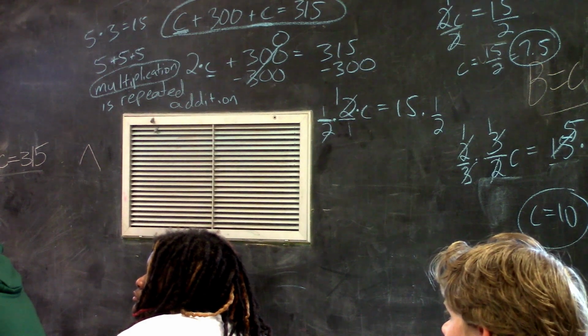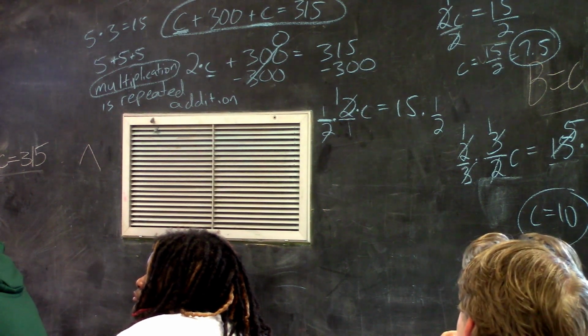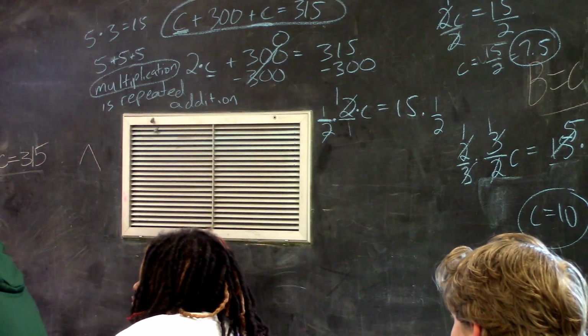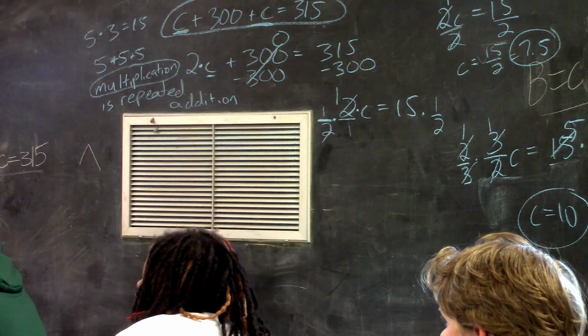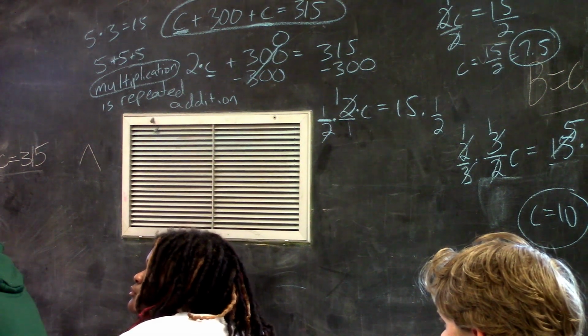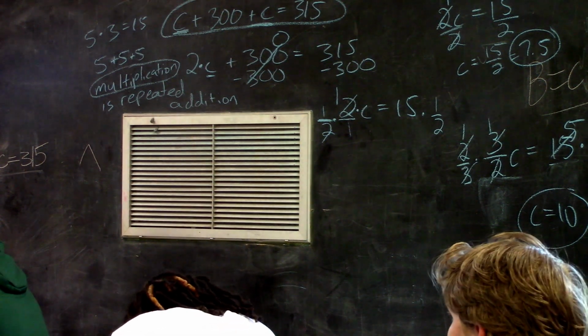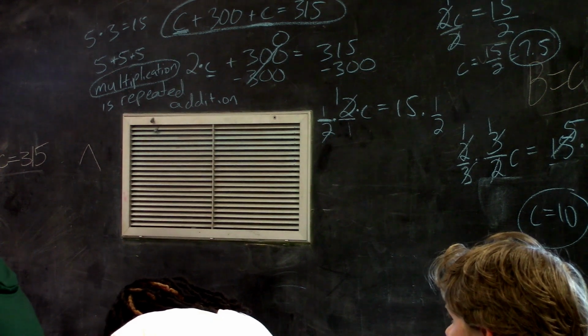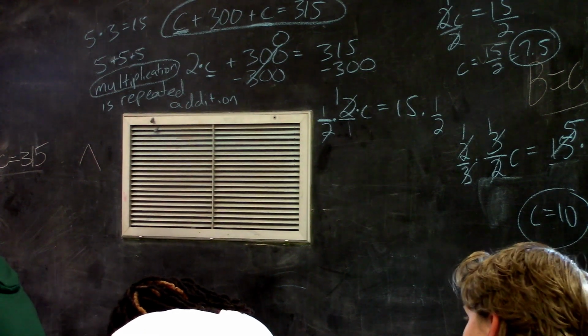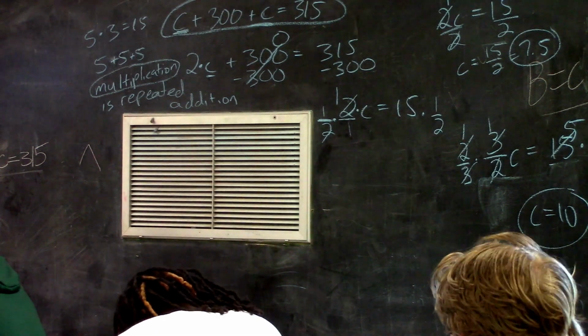Zero. Anyone remember what method we call this that I'm using right now? What just happened to that variable? It was eliminated, right? So when I have that what's called standard form, I can use the elimination method. And I'm adding these two equations.